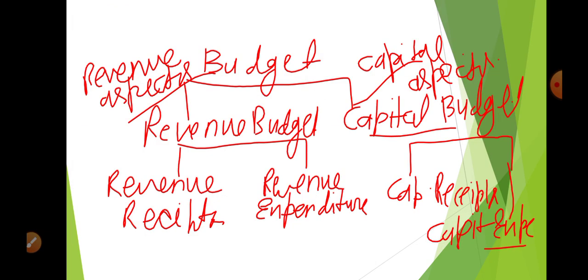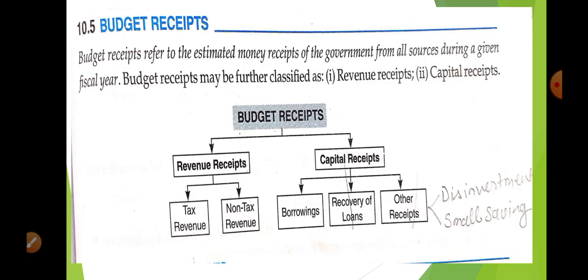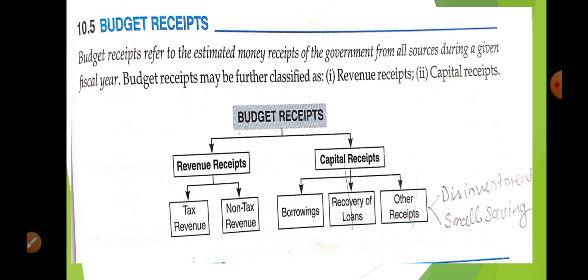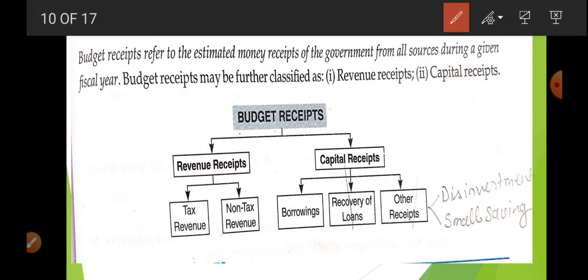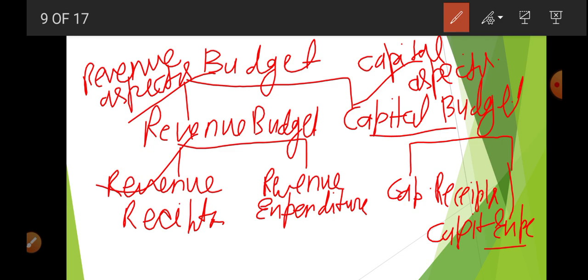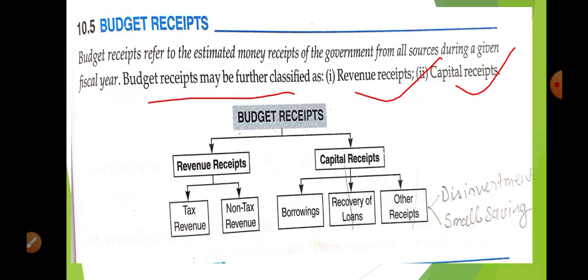Okay, now here we are going to start with the first one. I had told you revenue budget, capital budget. Here we are going to discuss budget receipts. If we talk about the receipt, there are revenue receipt and capital receipt, as you can see here.